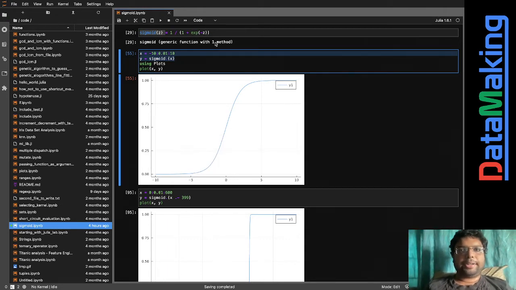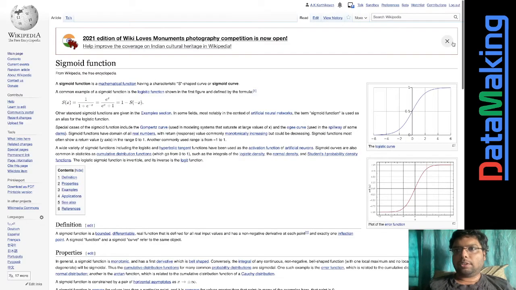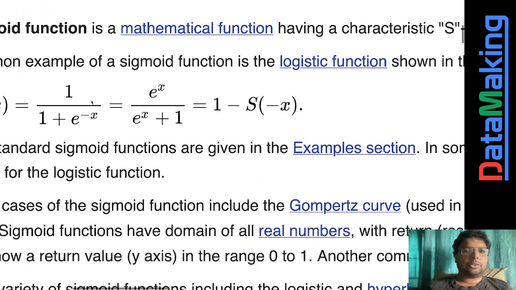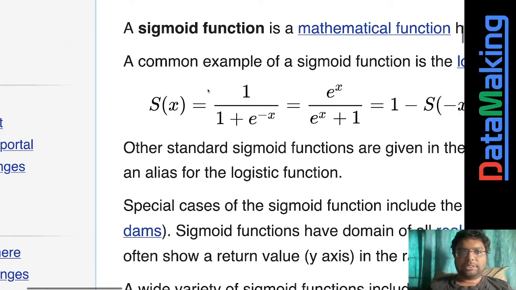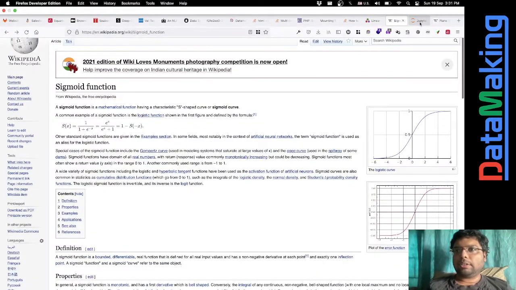I just wrote this equation, s of x is equal to this one, right? So very well.